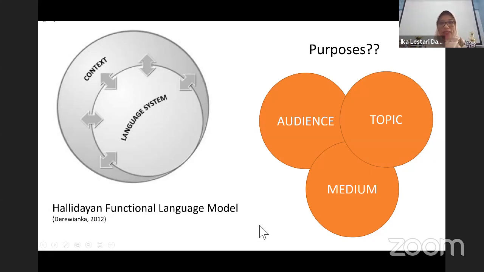Is it face-to-face or online like this? It will affect the choice of words that we use. So basically this construct informs the recipe that I'm going to share with you.